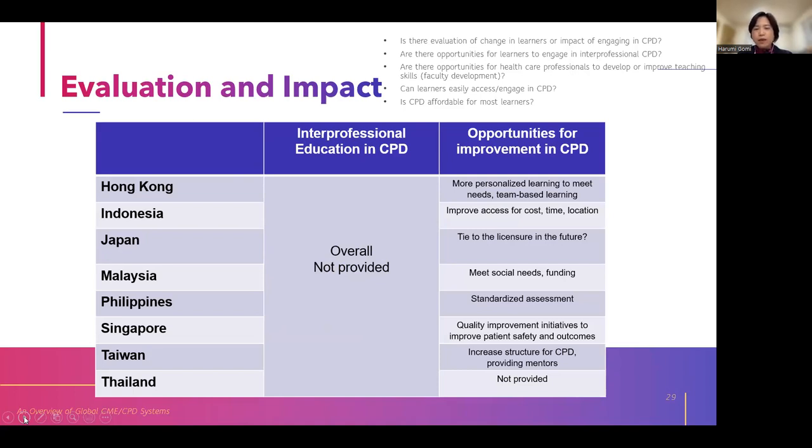For Japan, it may be necessary to tie it with the medical licensure in the future, but there are significant opinions against it. For Malaysia, meeting social needs and funding issues. For the Philippines, assessment should be standardized. For Singapore, quality improvement initiatives to improve patient safety and outcomes. For Taiwan, increased structure for CPD systems and possibly mentorship systems need to be implemented. And for Thailand, not provided.